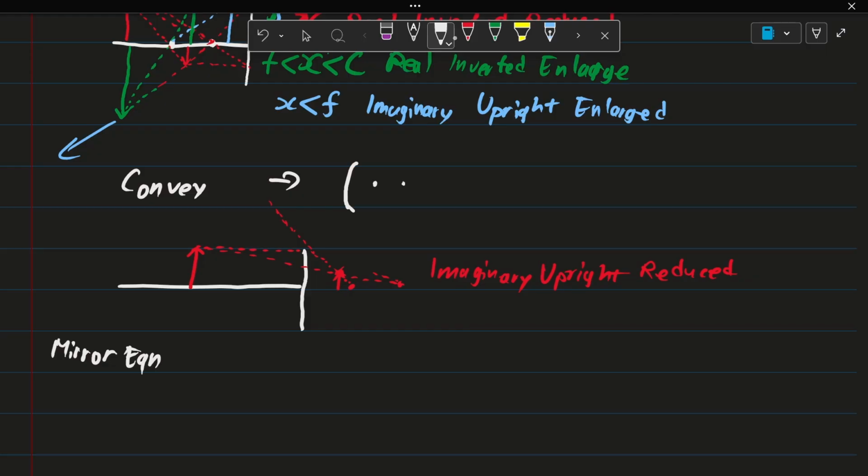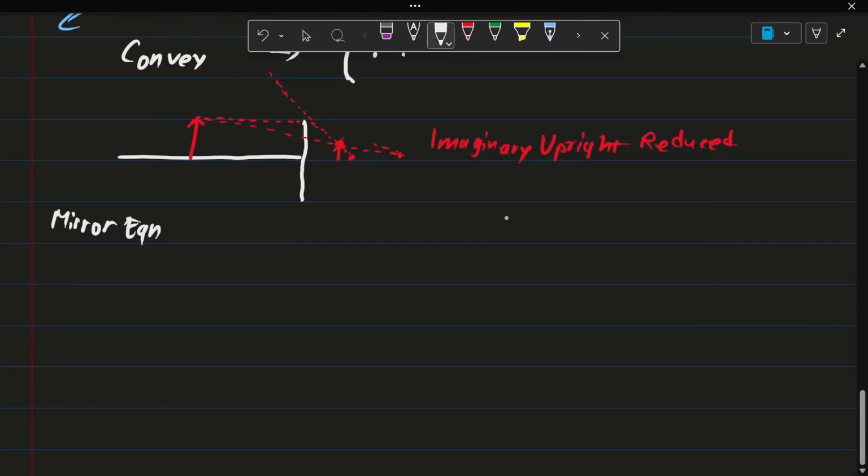We will define the magnification, and then later we can figure out where the image is located. We define magnification to be h prime over h. h prime is the height of the reflected image, and h is the original object.